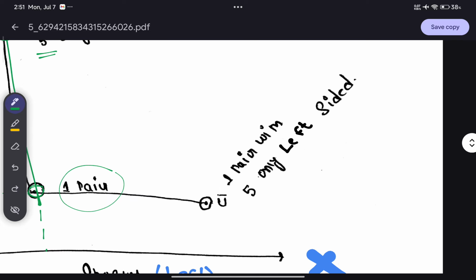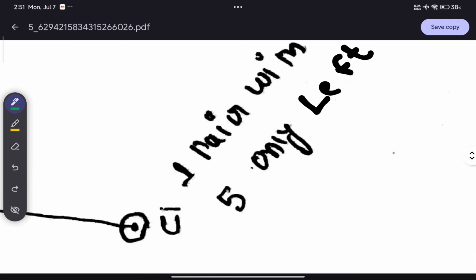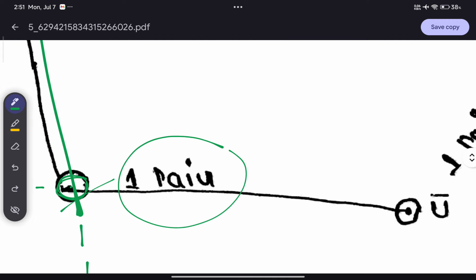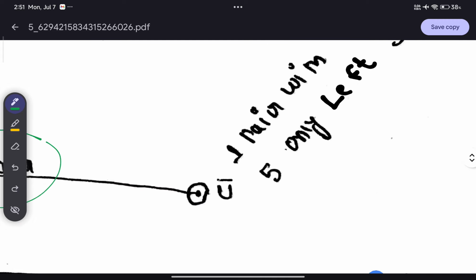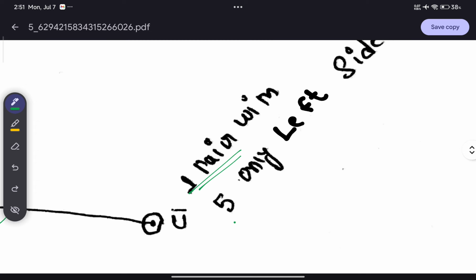Now assume differently that along with the one pair of socks, we have only 5 left-sided socks.